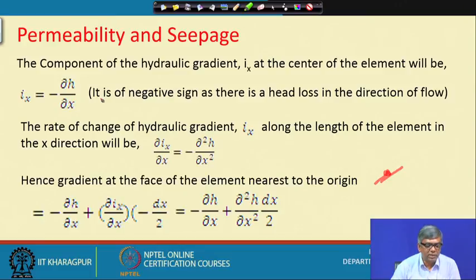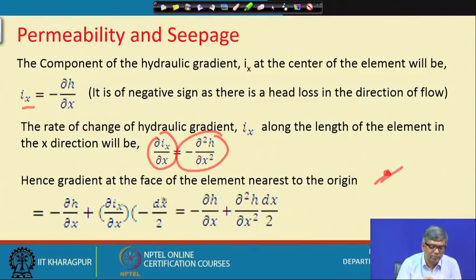The rate of change of hydraulic gradient, that is del i_x by del x, is how it changes, since head loss will be there continuously. So you differentiate this i_x once again, and then I will get this expression, with del 2 h by del x 2.